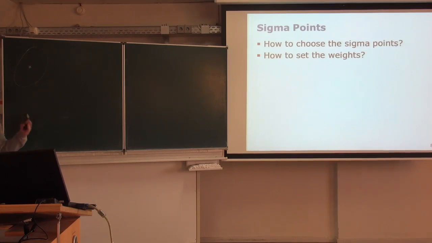What could be some potential points that you want to take? Yes? Just sample from it? Yeah, we could sample, and we will end up with a set of points here. That could be a viable way. But then how many points do you get? And how can you be sure that you get enough points for doing what you want to do?